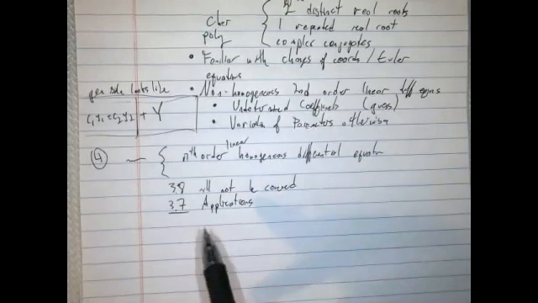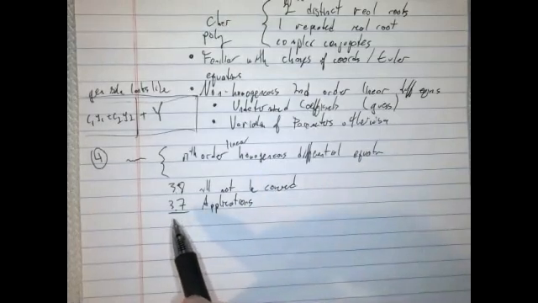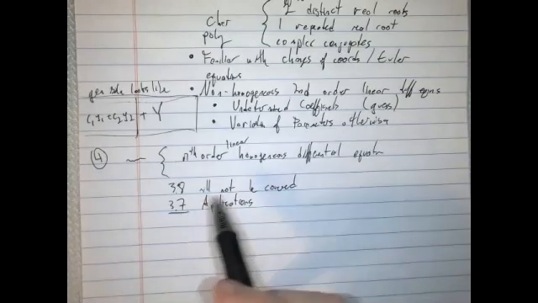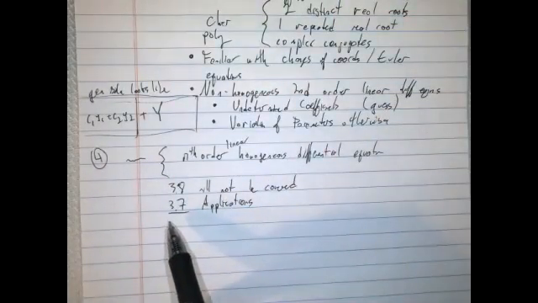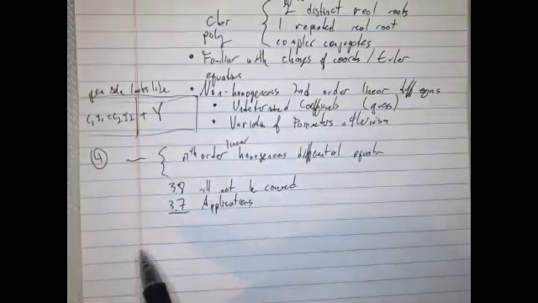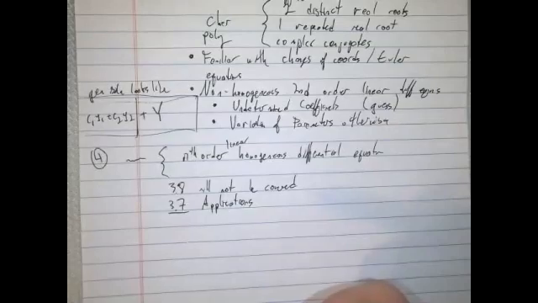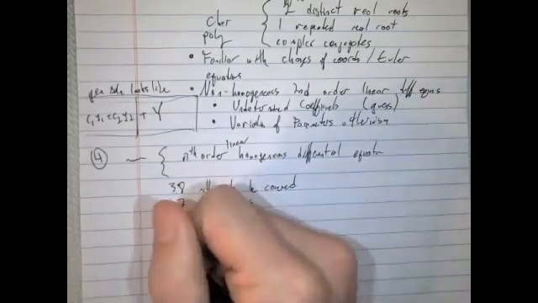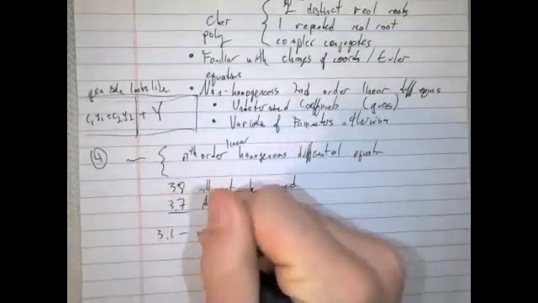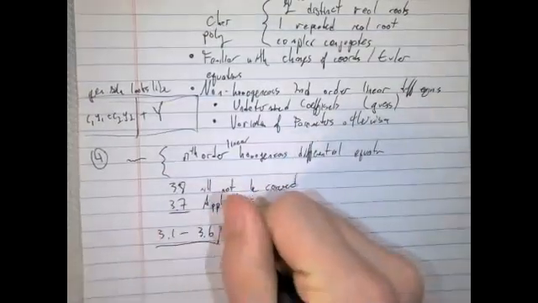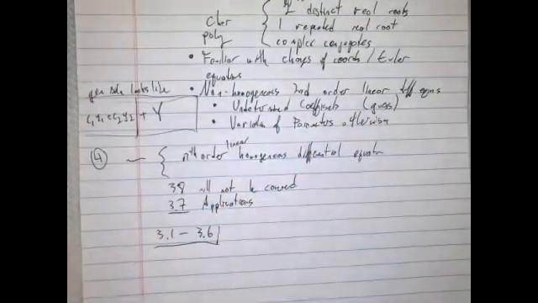But I would say that you shouldn't focus on 3.7 because the main mathematical tool used in 3.7 is all the previous parts of chapter 3. In 3.7, we're just exploring deeper the solutions to differential equations that we already know how to solve. So I would focus on 3.1 through 3.6 mostly, if you're going to spend your time studying.